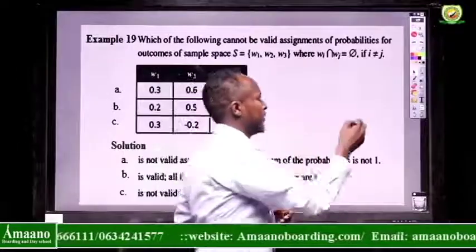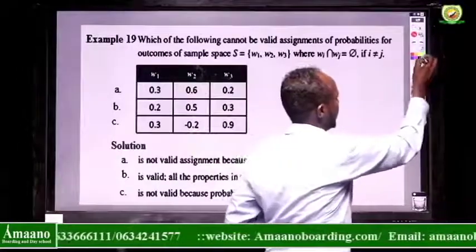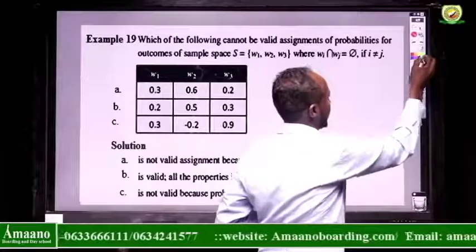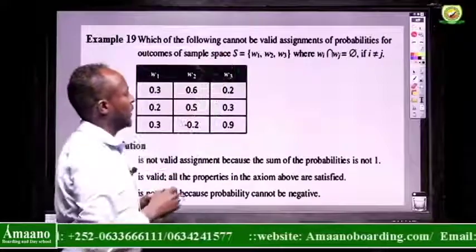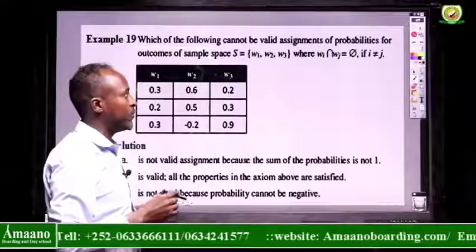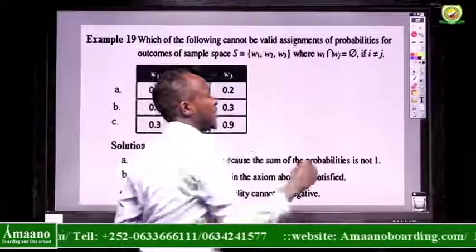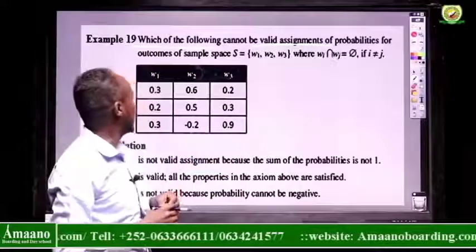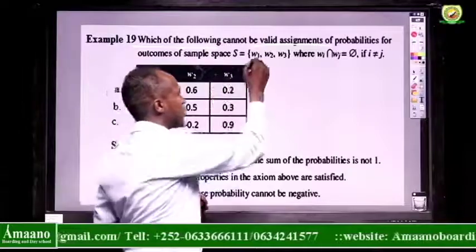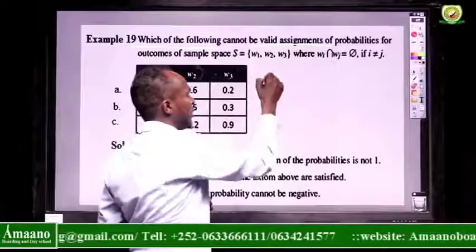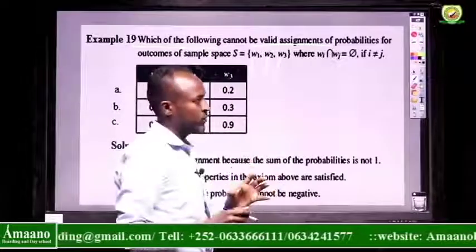Look at this example. We will do it together. Which of the following cannot be a valid assignment of probabilities? We have different probabilities of certain events. The outcomes are of a sample space. This sample space consists of 3 events: W1, W2, W3.